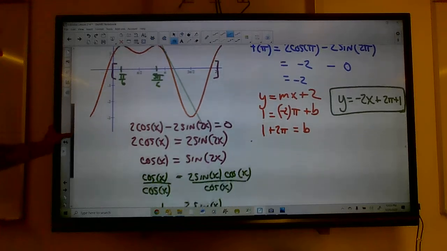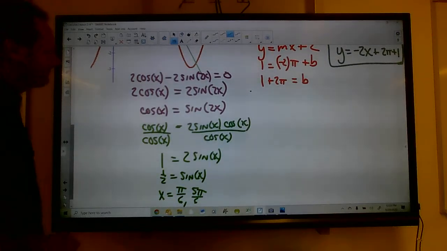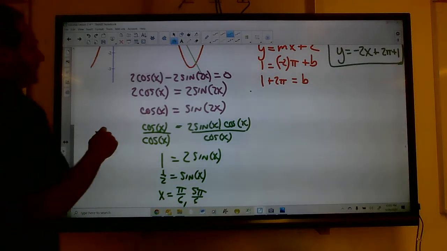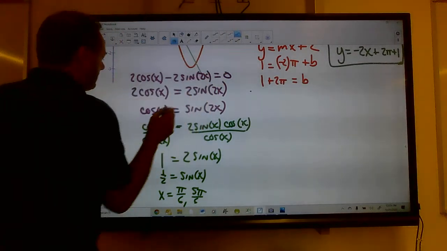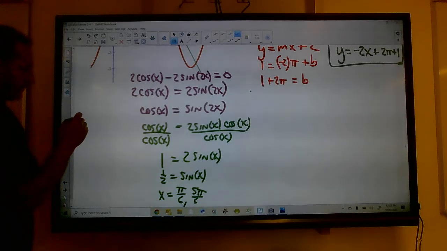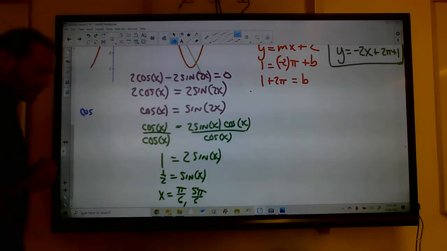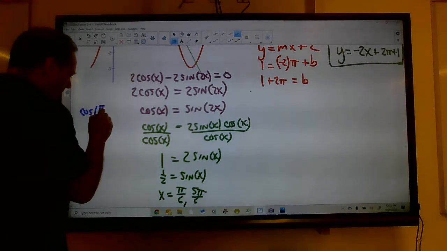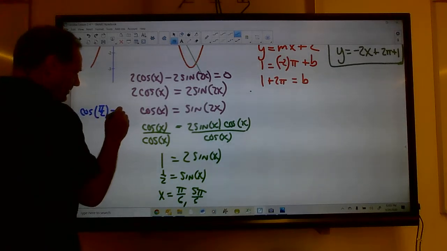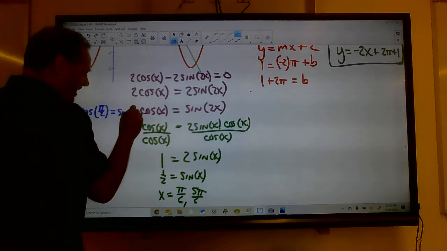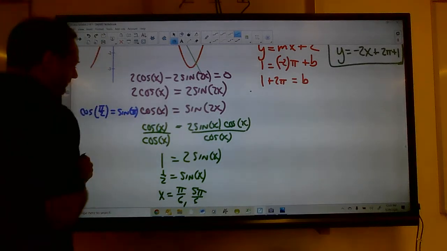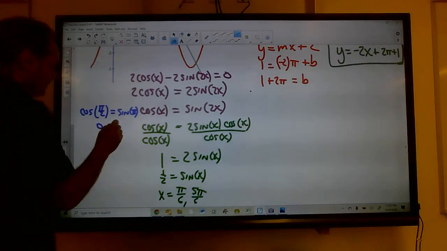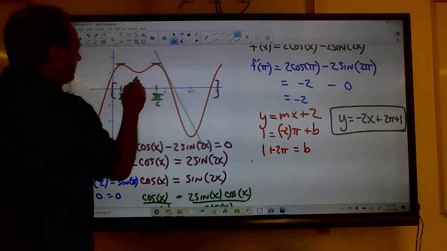Now, the trickier thing is to figure out the other two. If you had a trig chart, it's pretty easy, because the cosine of pi over 2 is equal to the sine of pi, which is twice as big as pi over 2. Both of those are 0. So that gives you this one right here.